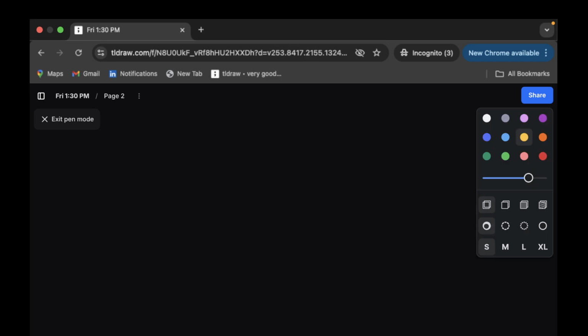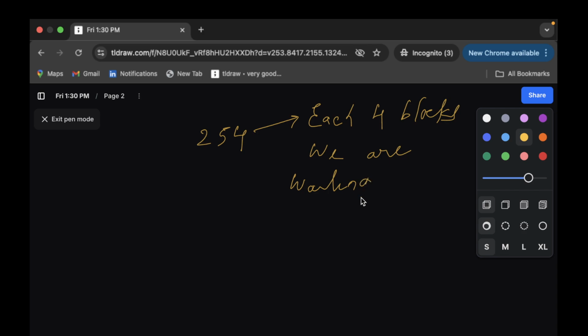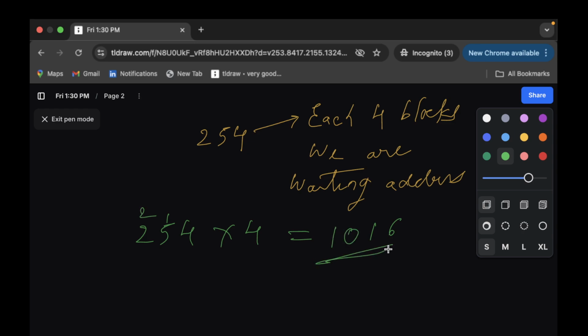So basically we are wasting IP addresses. We assign 254 to each block, but we only need about 40, so there's a lot of wastage happening here.